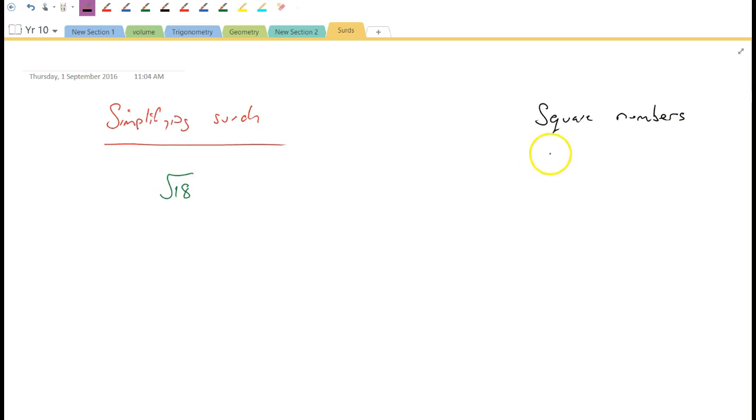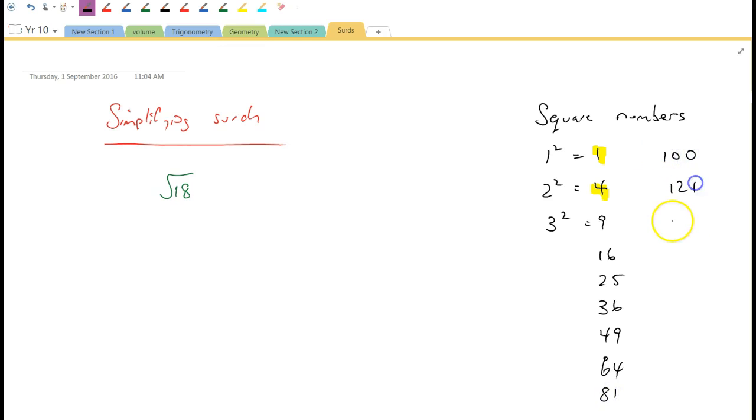So 1 squared is 1. So our first square number is 1. 2 squared is 4. So these are the square numbers: 1, 4, and it goes on. 3 squared is 9, 4 squared is 16, 5 squared is 25, 6 squared is 36, 7 squared is 49, 8 squared is 64, 9 squared is 81, 10 squared is 100, 11 squared is 121, 12 squared is 144, 13 squared is 169, 14 squared I think is 196, 15 squared I think is 225.